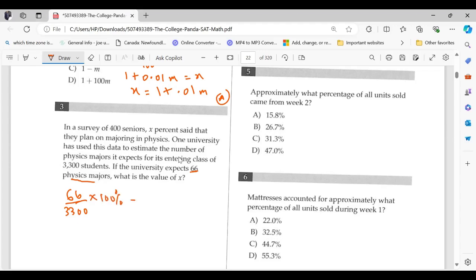It's a percentage of 3,300. So this will give us, if you cross it out, what would you have? 66% over 33. That gives us 2%. So S is 2%.